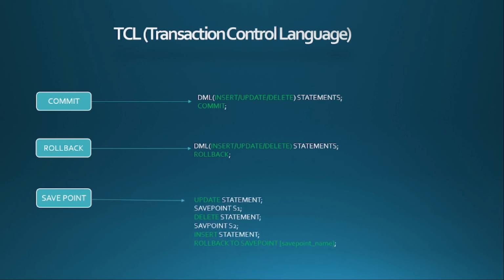What is a savepoint? A savepoint is simply a marker set within a transaction that allows you to roll back to a specific point without rolling back the entire transaction. For example, whenever we do an update, delete or any DML operation, we will provide a certain savepoint as S1. Similarly, for the next DML operation, we will provide a savepoint name.